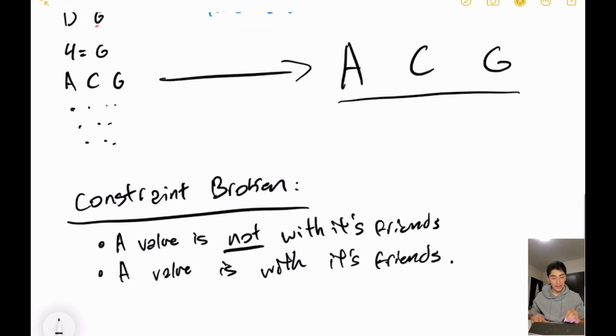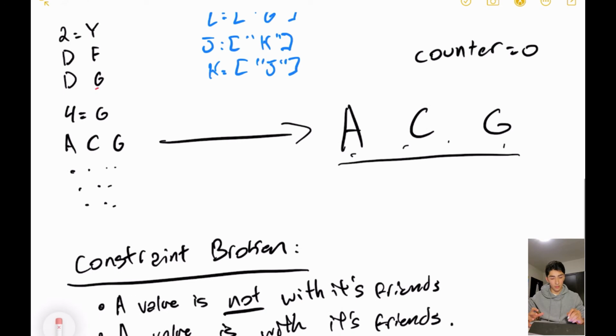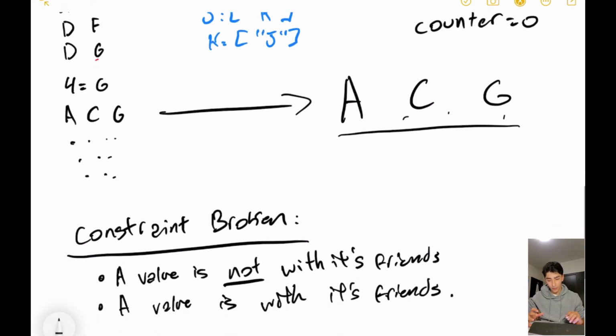So now looking at this list, how can we use this simple logic to figure out if a constraint is broken? Well, all we really gotta do is first loop through the values, loop through the team, and go, all right, A, for example.